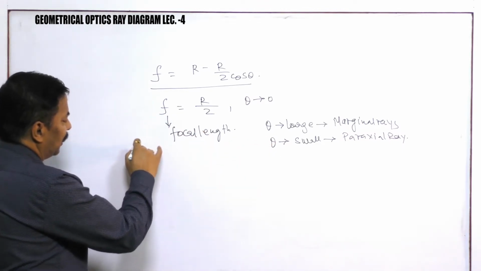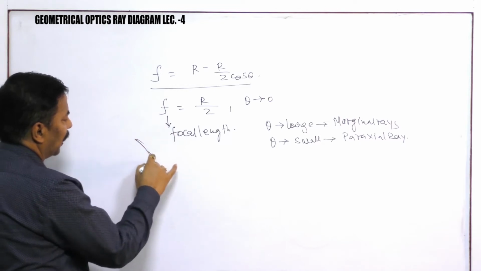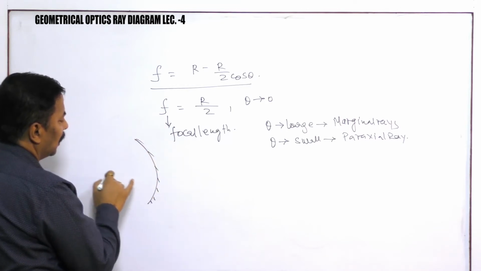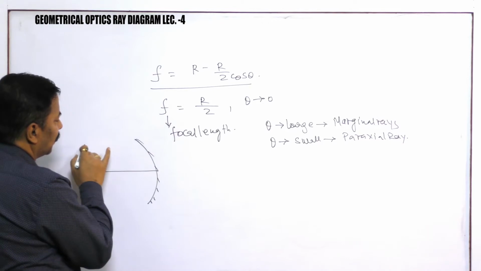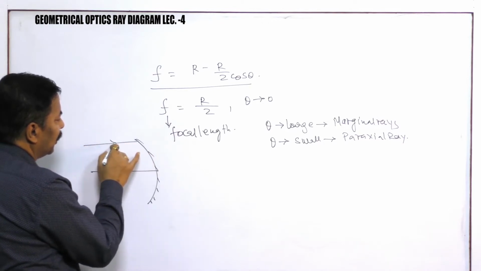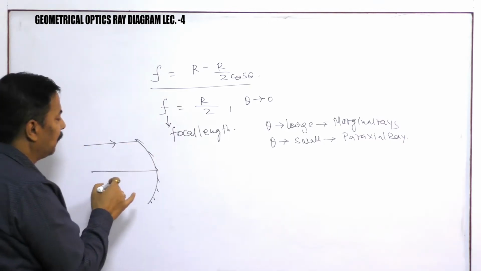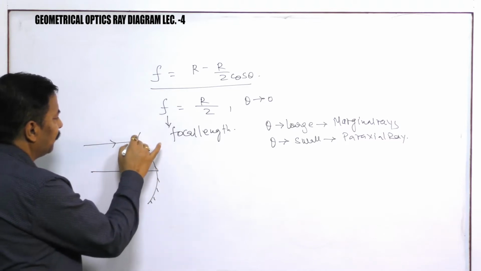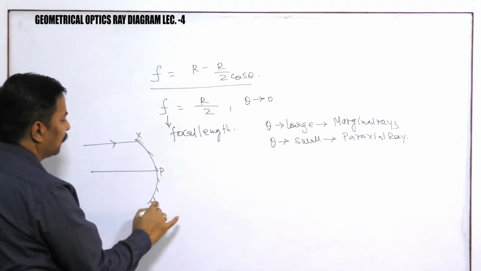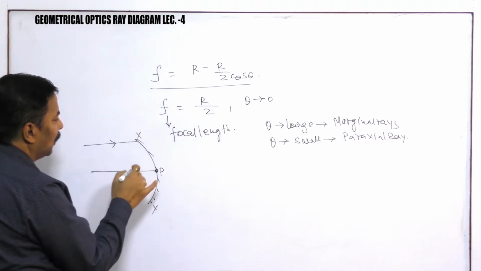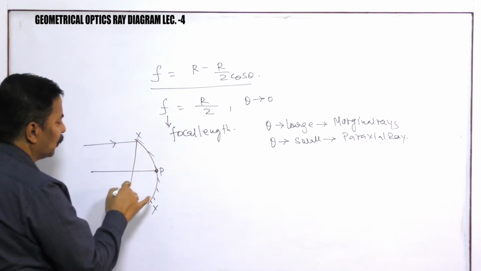If I am taking a concave mirror and this ray is very far away from the principal axis, then it will pass through this point.